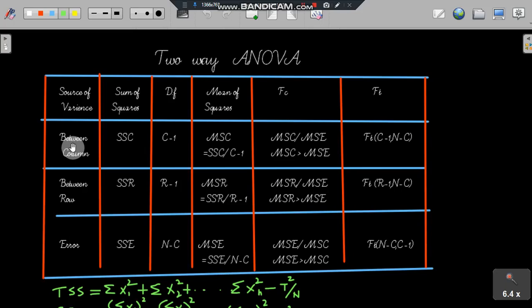Homogeneity exists between the column elements or column variables. Similarly, homogeneity exists between the rows. These two we are going to discuss here at a time, to find out whether there is homogeneity between the columns as well as between the rows. So two at a time.